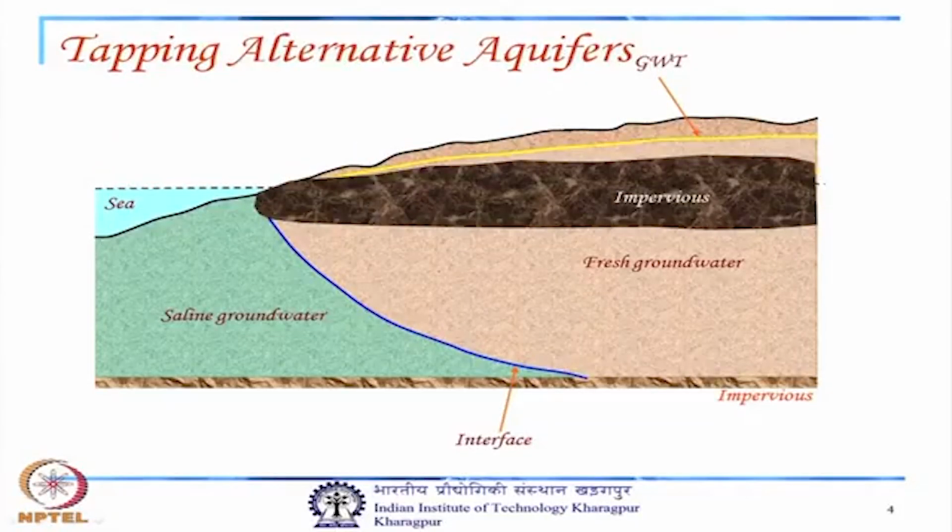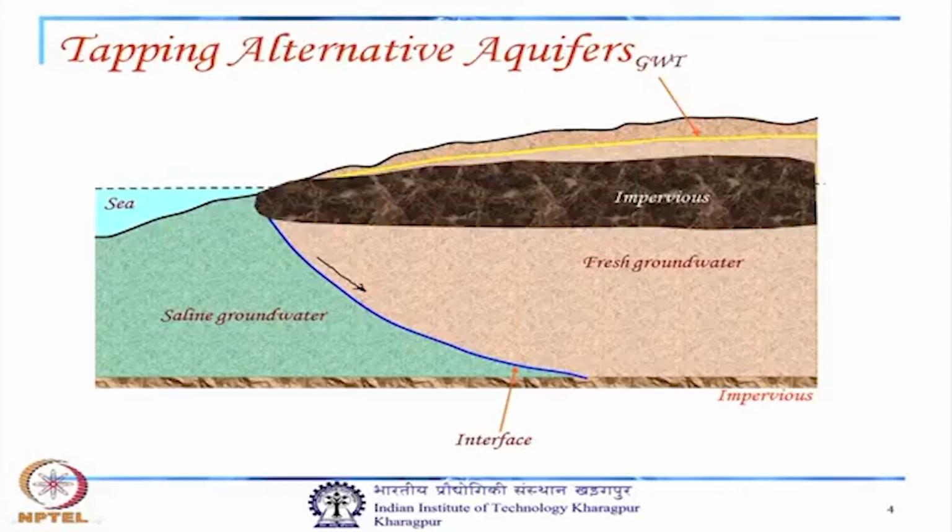Then tapping alternate aquifers. Let us say that there is saline water intrusion in this particular aquifer, then one can try to tap a lower aquifer which is not hydraulically connected or not that much affected by saline water intrusion.